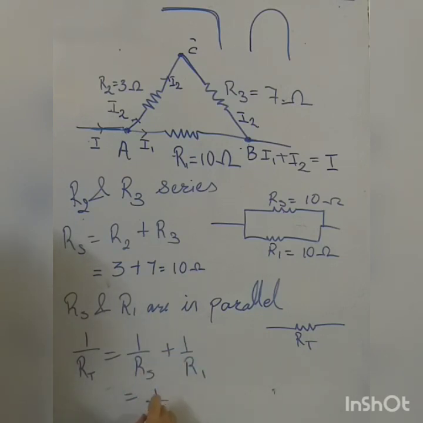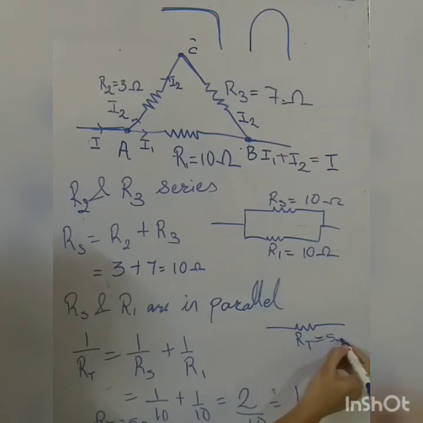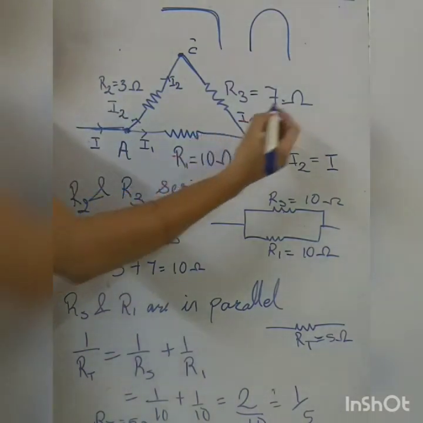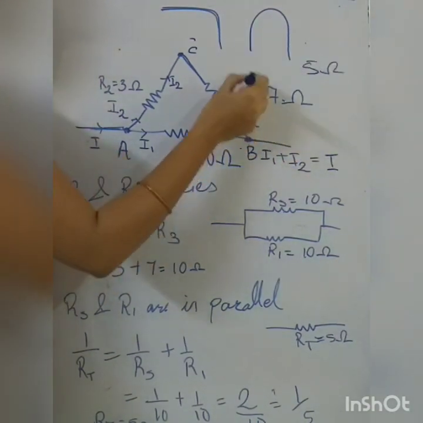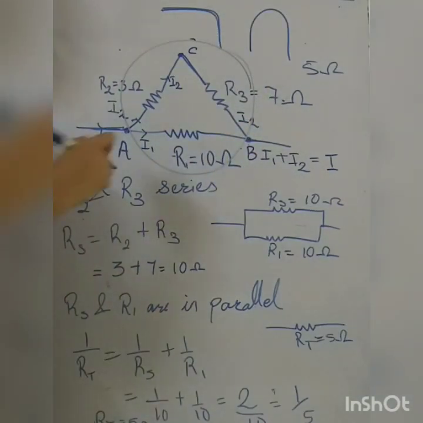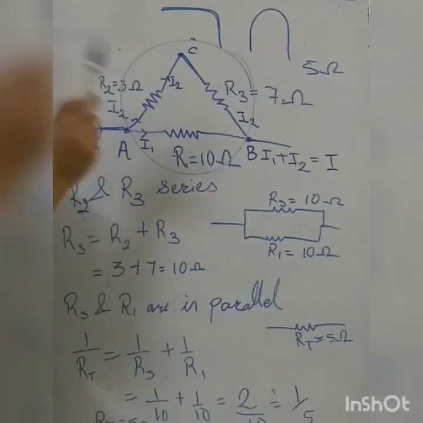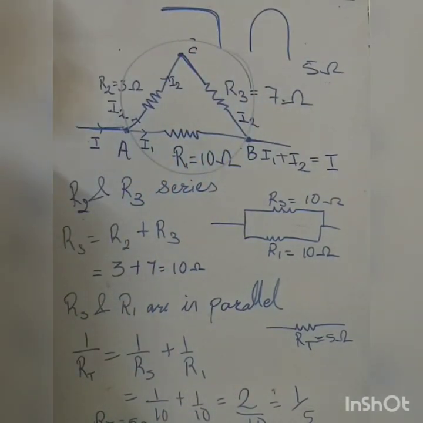That equals 1 by 10 plus 1 by 10, which equals 2 by 10, and that equals 1 by 5. So your RT equals 5 ohms. So the value for RT, you got it as 5 ohms. If you take a single resistance of value 5 ohms, then you can replace these 3 resistance with a single resistance of 5 ohm, and the same amount of current will flow from that 5 ohm resistance.